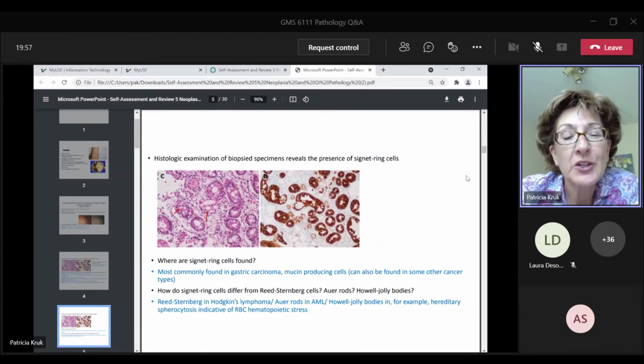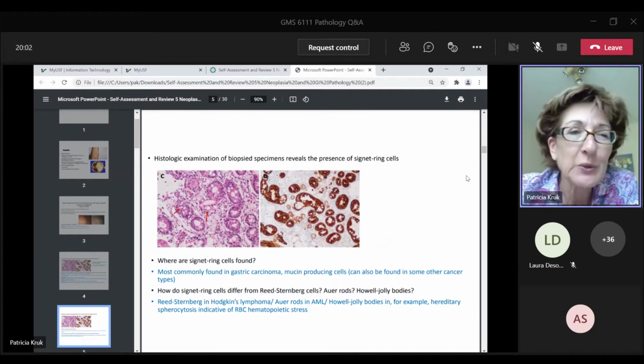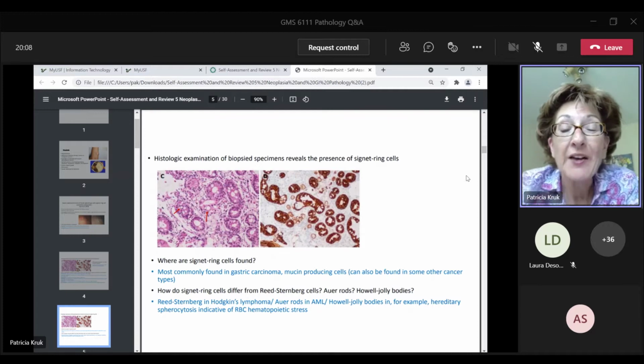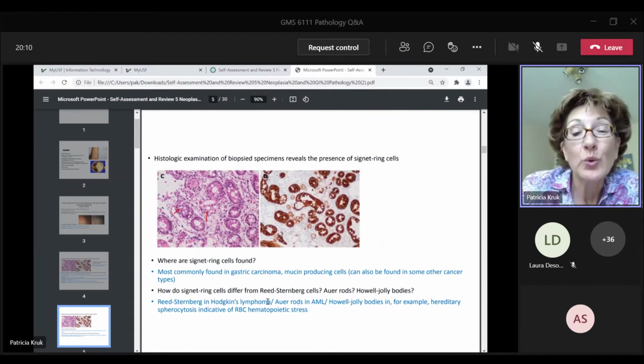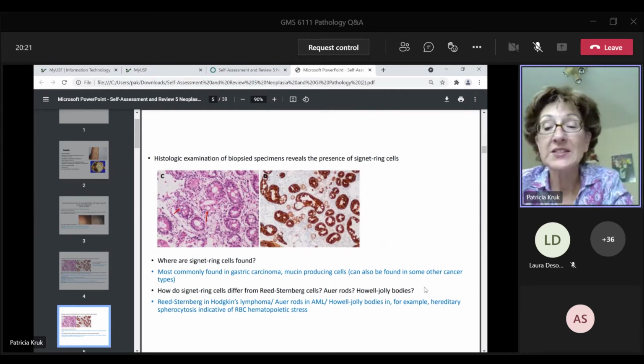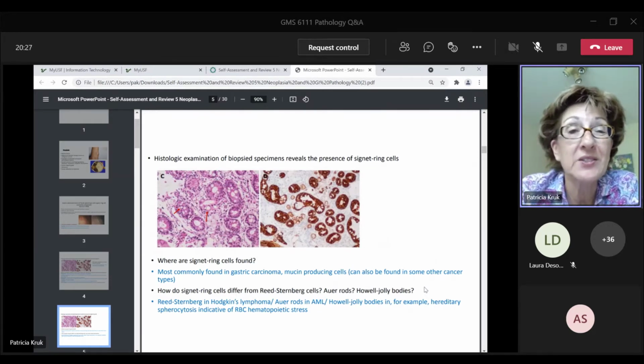So I've tried to put this in line with some of the other special cell types that we've seen that are characteristic of diseases. We talked about things like sickle cells, and remember we talked about Reed-Sternberg cells, which we see in Hodgkin's lymphoma, Auer rods, which we see in AML. Remember those Howell-Jolly bodies, which we see in some conditions like hereditary spherocytosis, that show the stress on the bone marrow trying to make more red blood cells in a hurry.